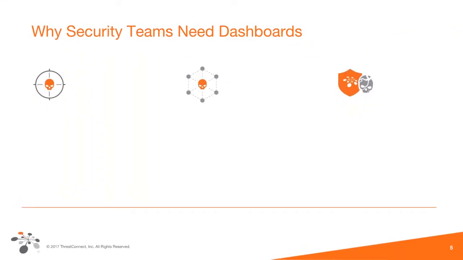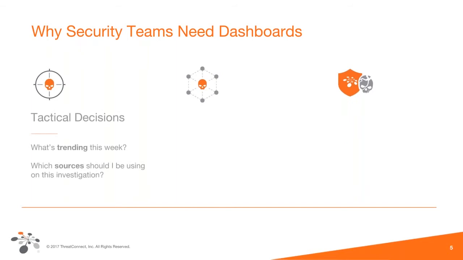So why is this important for security teams? Well, security teams definitely need to make decisions. They need to make fast decisions. They need to make accurate decisions. On the tactical side, what kinds of threats are trending this week? Are there specific sources that I should be investigating because maybe they introduced a new type of report or a relevant piece of intelligence this week?